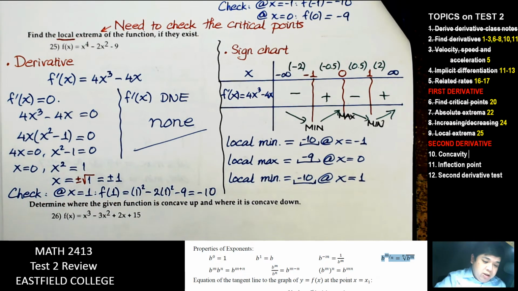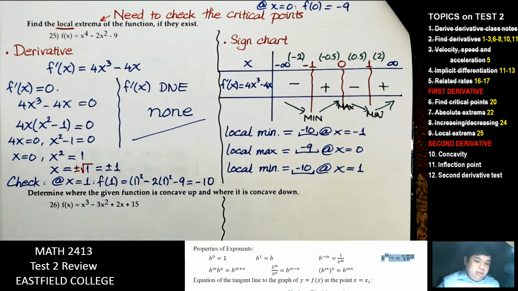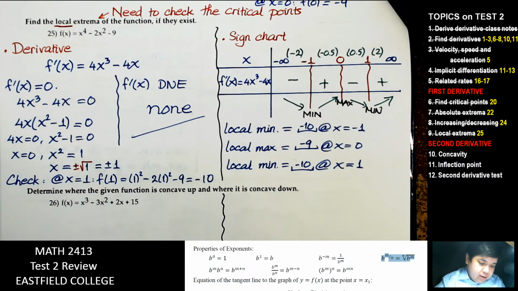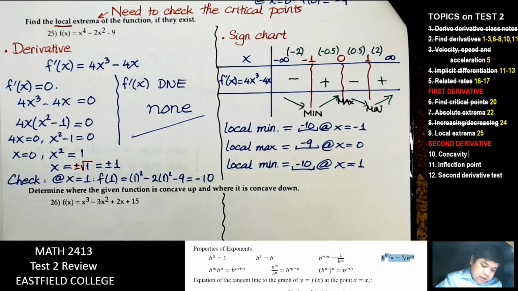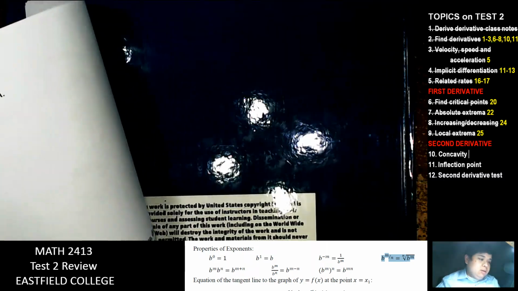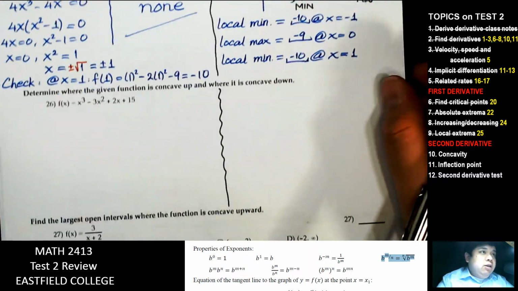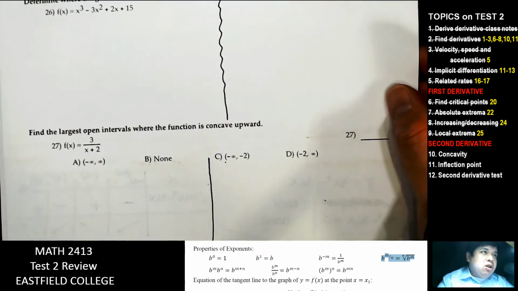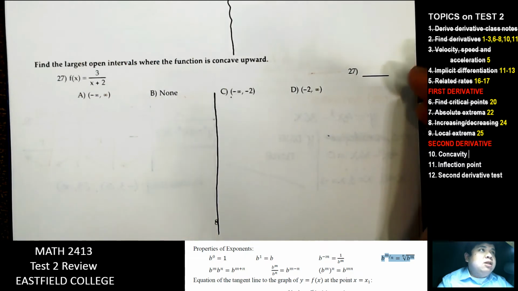Most of this problem we have two parts. So use the second derivative. Right. 26 is a lot easier than 27, so I would look at 27.